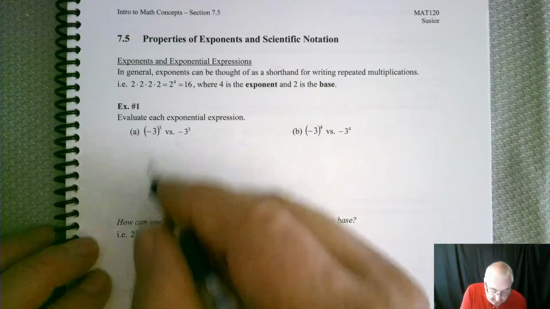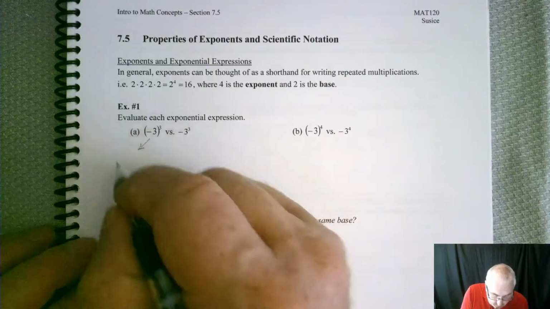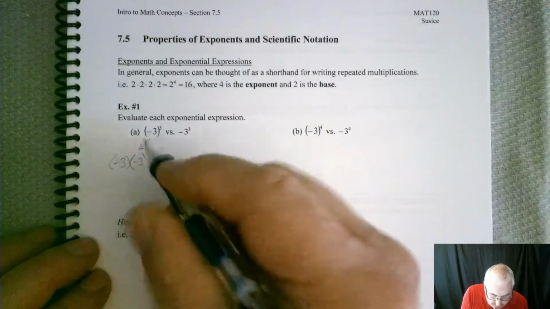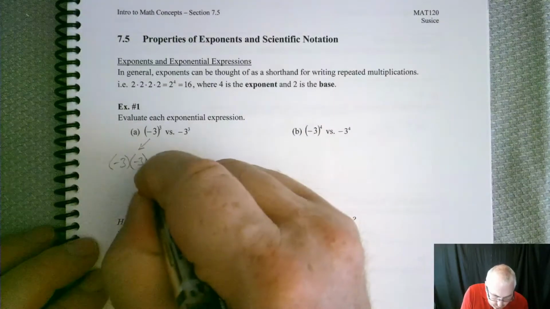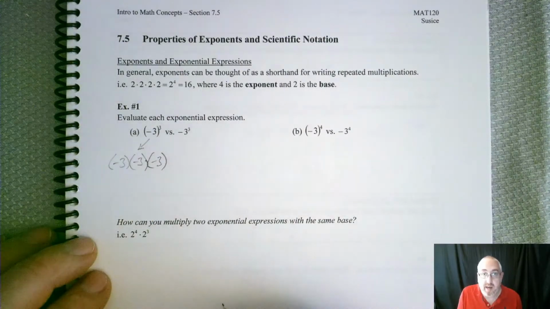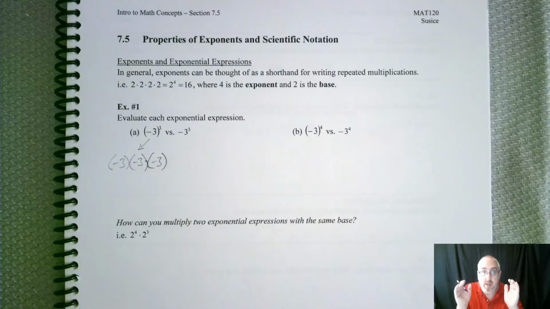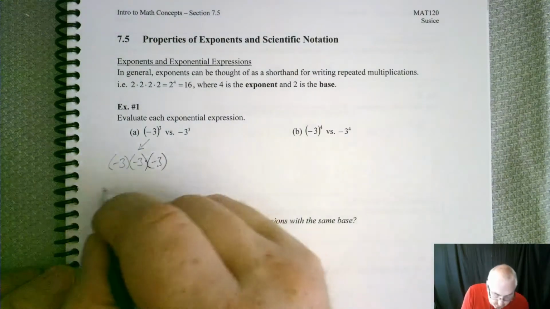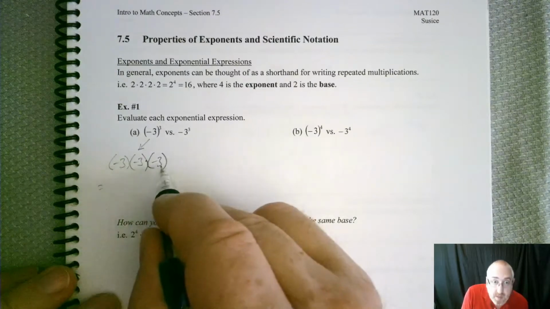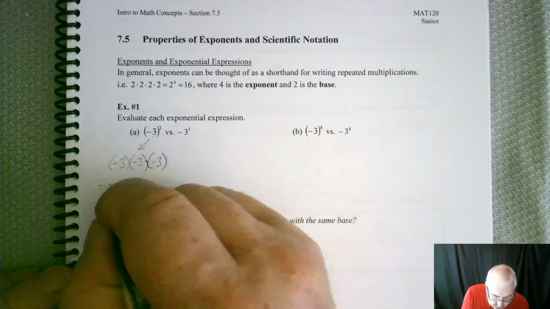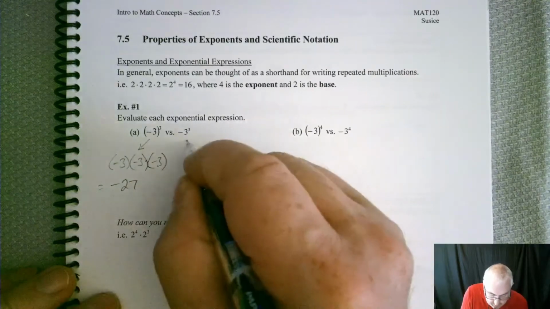Now, the one on the left is going to be written in expanded form using the parentheses on each instance of the -3 because it's in parentheses. So the whole thing is being repeated 3 times. So when we multiply this, we got 3 negatives, and so now it still should be a negative answer. So we're going to get -27.